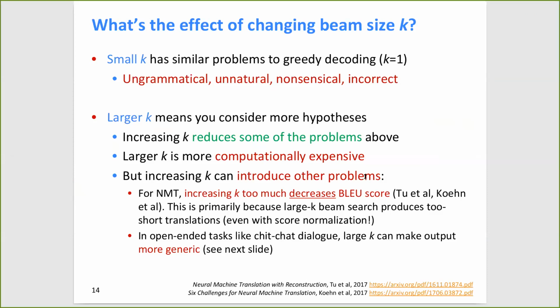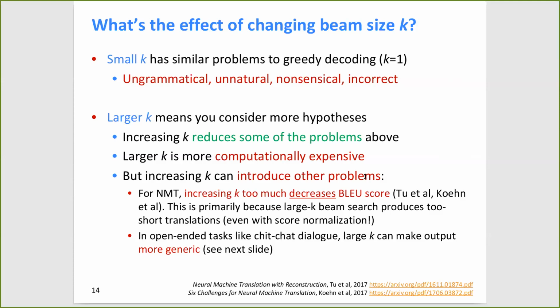It is because for larger k beam search, the outputs that are produced are short translations. So if k is increased, the results produced by the machine translation model are short. That's not good.